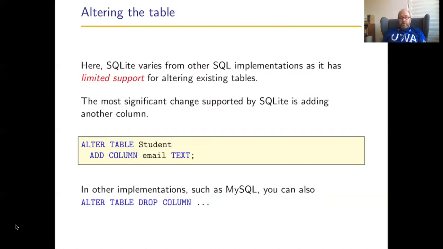Now what we're going to do is alter table student. So this says some alteration is coming up. What alteration are we going to do? Well, we're going to add a column. And what column should we add? Well, we should add a column called email of type text.